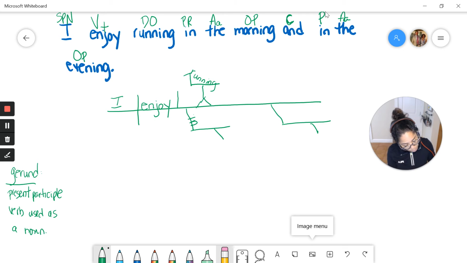This is the preposition. The object of the preposition goes here. And the article adjective goes here. And we do the same here. Preposition here. Object of the preposition goes here. And the article adjective comes down off of the object of the preposition.